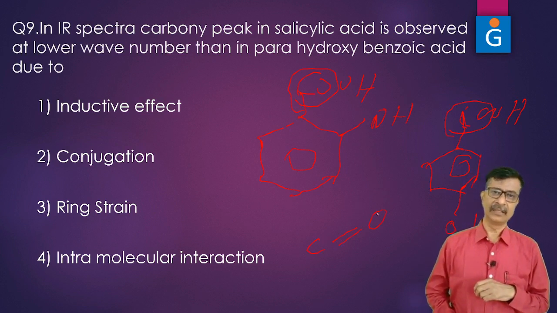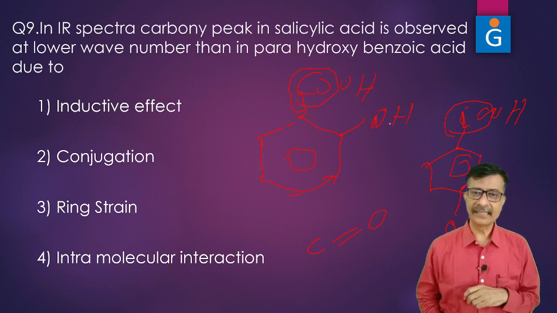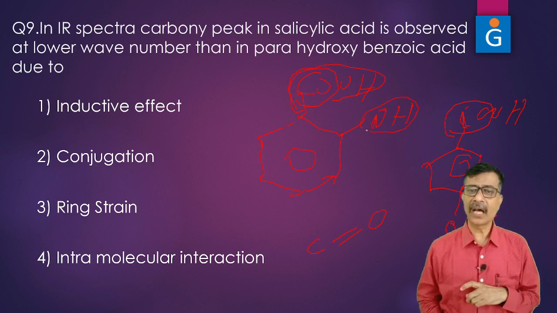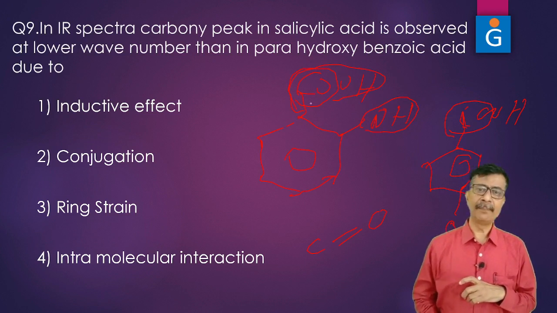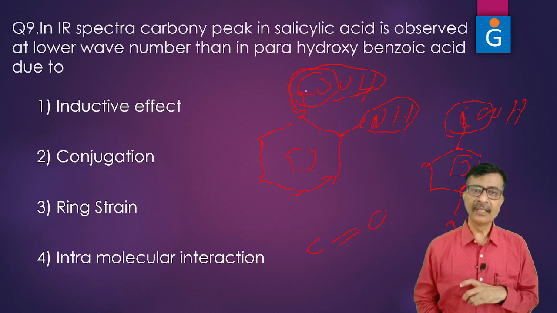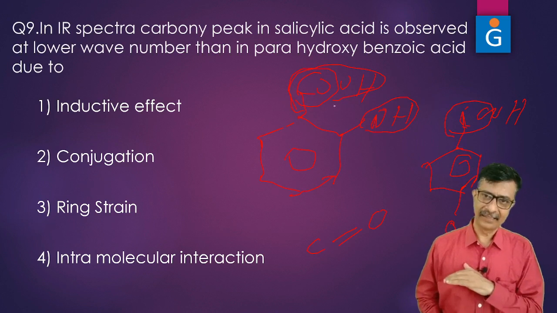frequency. So in salicylic acid, because carboxyl group and OH groups are closer, there may be chances of hydrogen bonding. And because of this hydrogen bonding, the bond order of this carbonyl group will be altered.